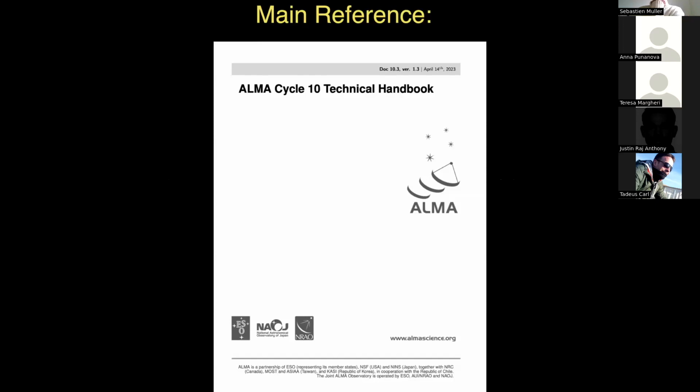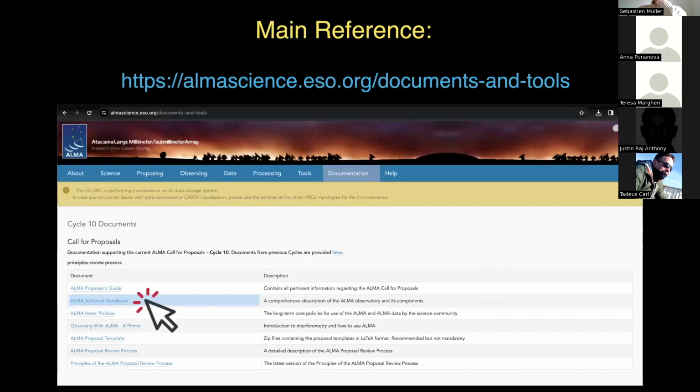Several of the things that I'm going to present here are based on information in this document, which is called the ALMA Cycle 10 Technical Handbook. It's a document that contains a lot of information on ALMA, and you can download it from, for example, the ALMA Science Portal.